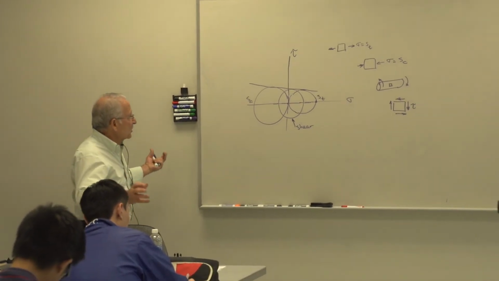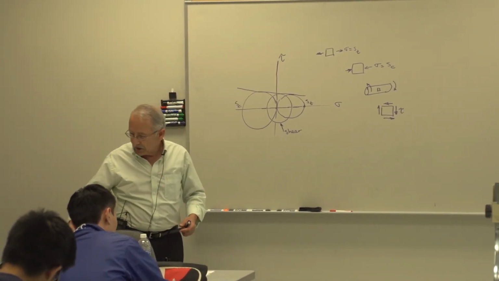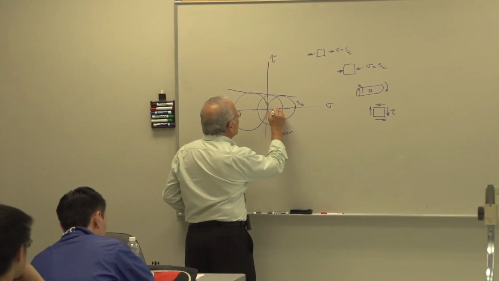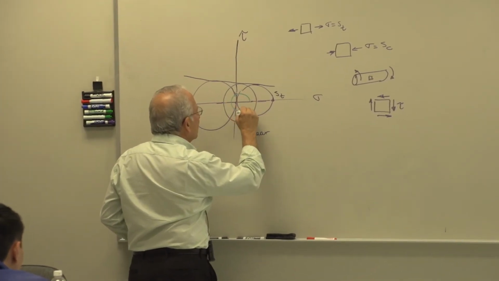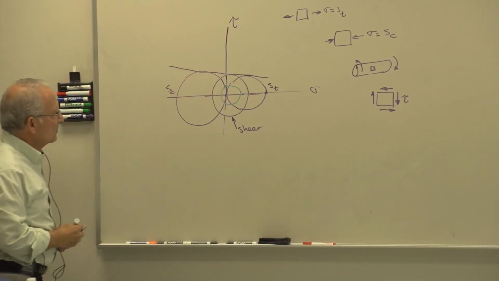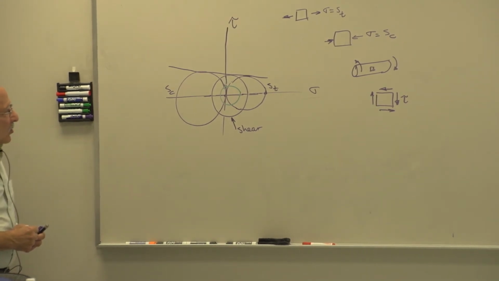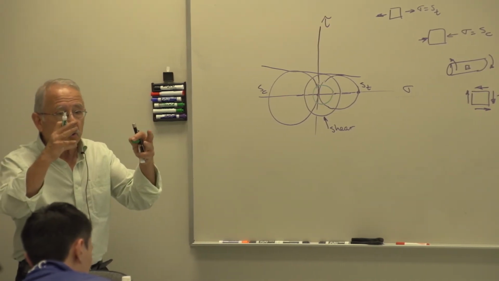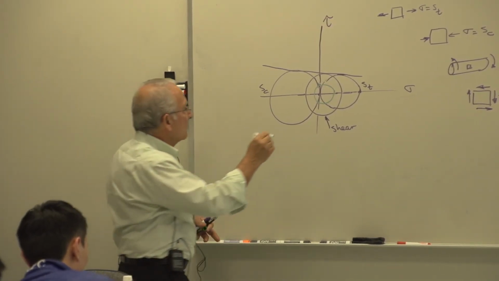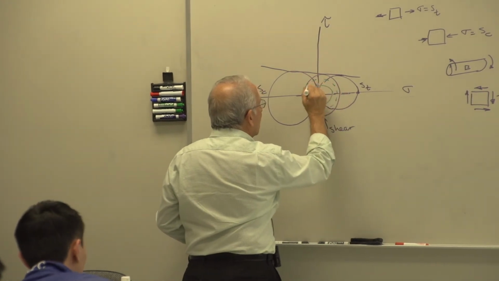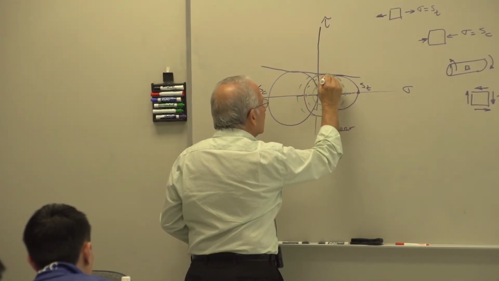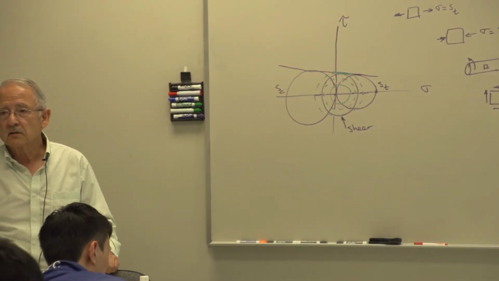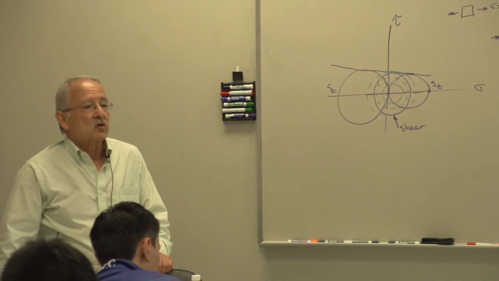So if we have a Mohr circle for a material that looks like this, let's say for some test we get this Mohr circle. Obviously it has not failed yet. We increase the load. That Mohr circle gets larger and larger until it touches this failure line. Then we say that part has failed. This is the internal friction theory of failure.